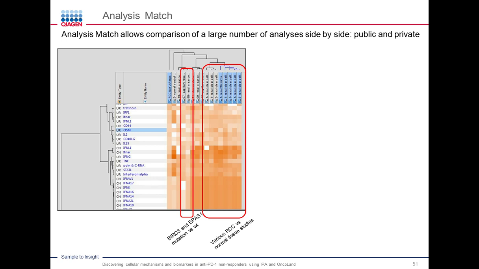Then in the center, I have also circled two columns, and at the bottom I have labeled them BRK3 and EPAS1. BRK3 is a protein that's involved in processes such as apoptosis, invasion, cell cycle, and so on. And EPAS1 has been shown to be one of the anti-tumor proteins in the past.